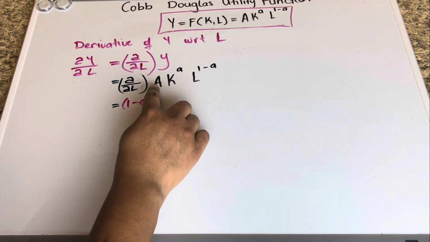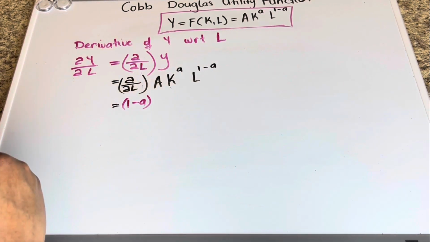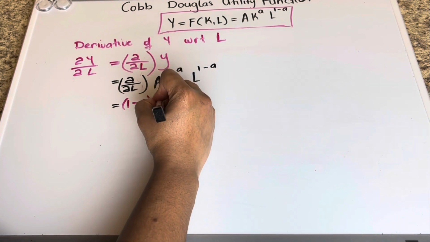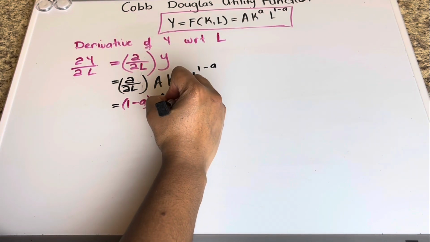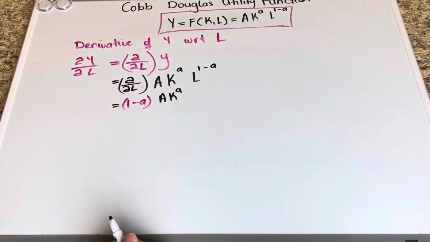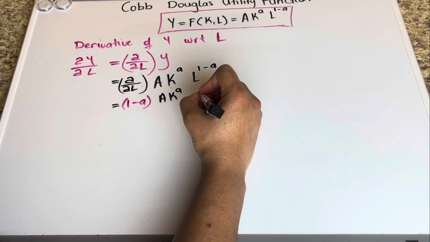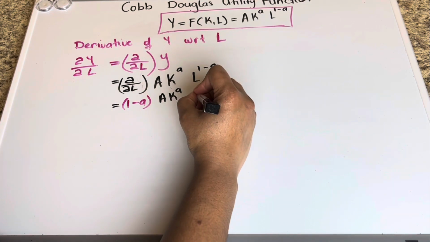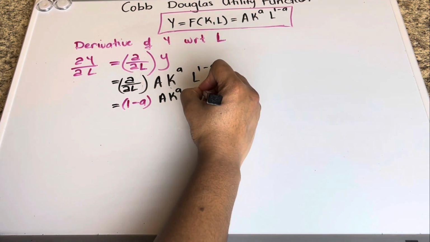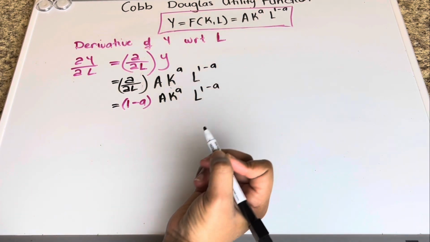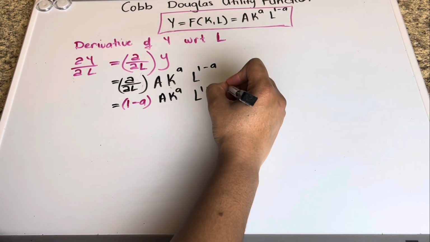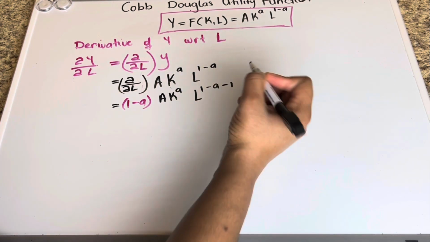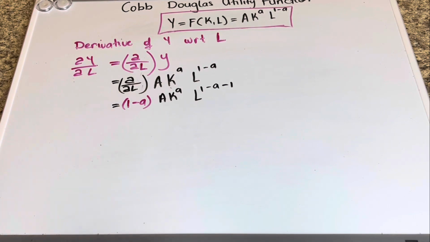And we're going to treat this as a constant, so we write back A, K, alpha. See what I mean? Then we differentiate. Because we're differentiating L, we write L to the 1 minus alpha, and then we also subtract 1. That's the power rule. Don't confuse yourself. That's just the rule, okay?